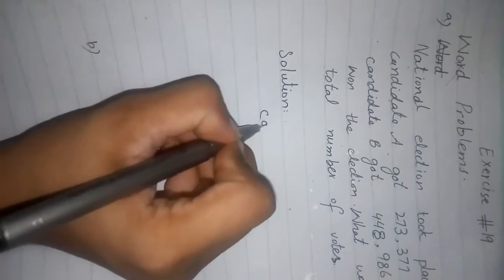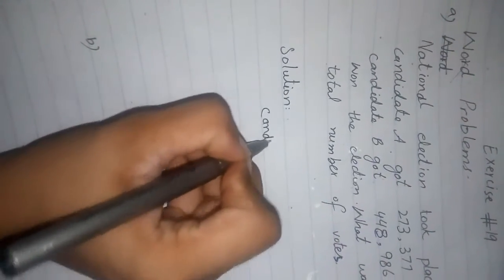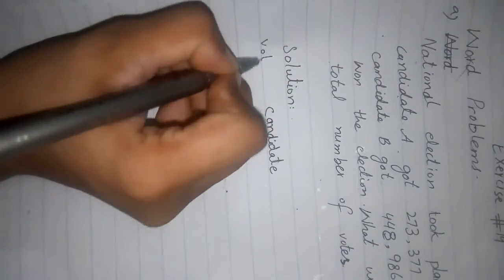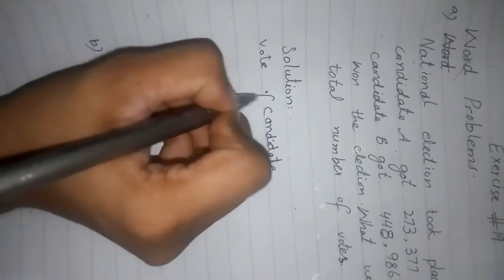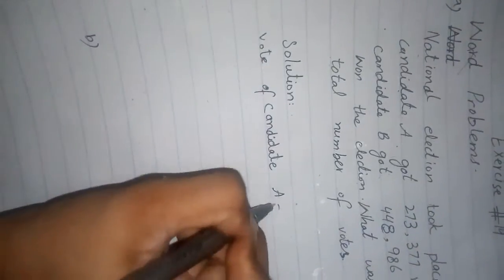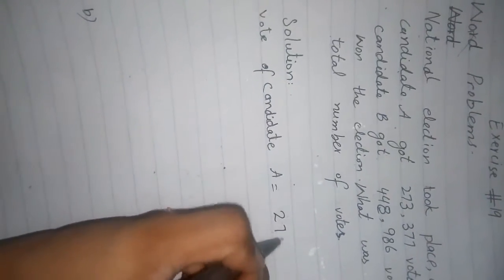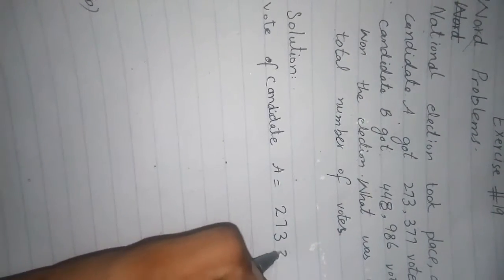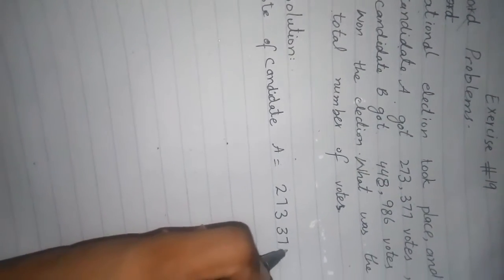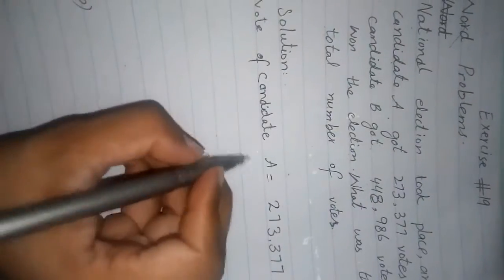The first given information is the vote of candidate A. How many? 273,377.